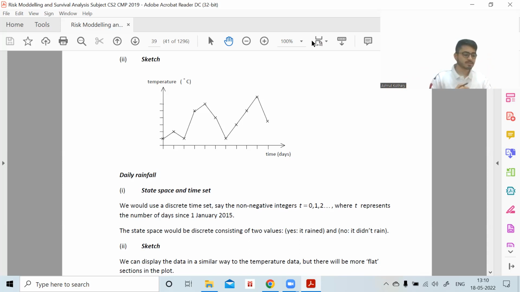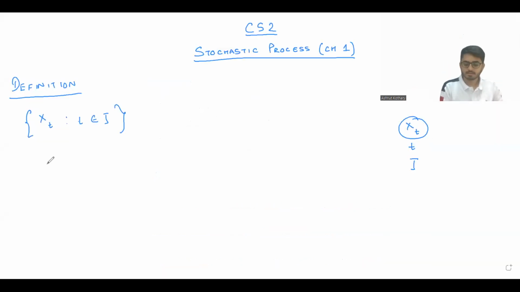So as you will see, we are denoting it by Xt. Taking my example, X1 will be 7. That is, on the first day, how many hours did we observe of sleep? 7 hours. Then on the second day, let's say we observed 8 hours. On the third day, let's say again 8 hours, and so on.